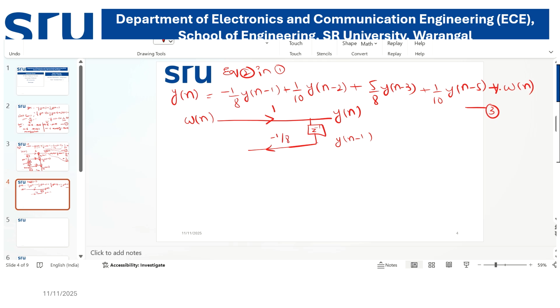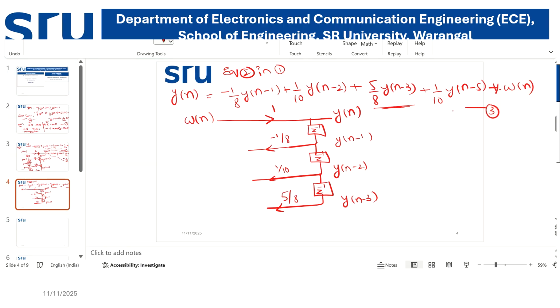Then to generate y of n minus 2, again it is delayed by one more sample, that is y of n minus 2. The coefficient for y of n minus 2 is 1 by 10. Next, to generate y of n minus 3, again it is delayed by one sample, that is y of n minus 3. And the coefficient for this is 5 by 8.